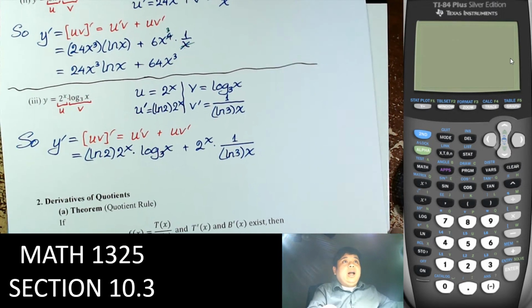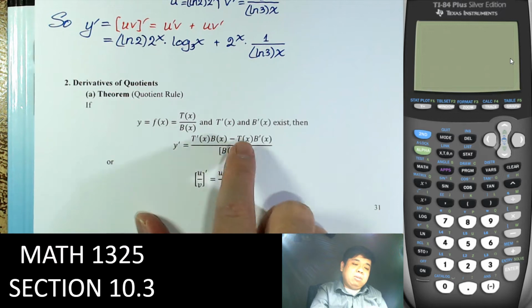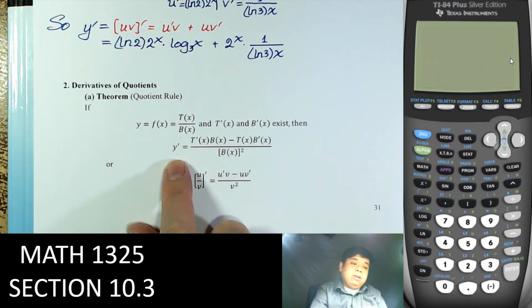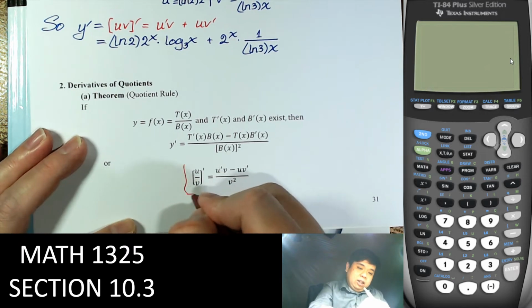Right, next we have the derivative of a quotient, or the quotient rule. If we have the function with the top and the bottom, and the derivative of the top and the bottom is this, then the derivative of the quotient is given by this, or I will write it using u and v.